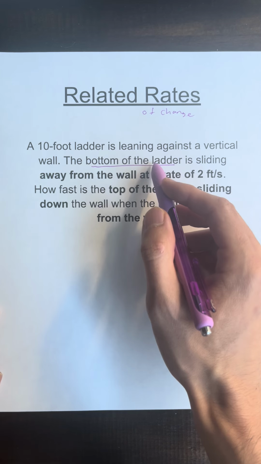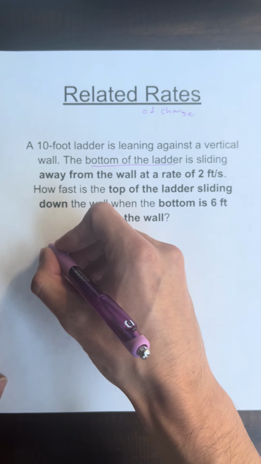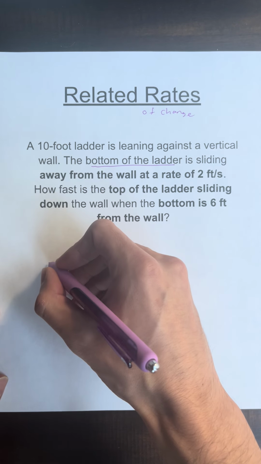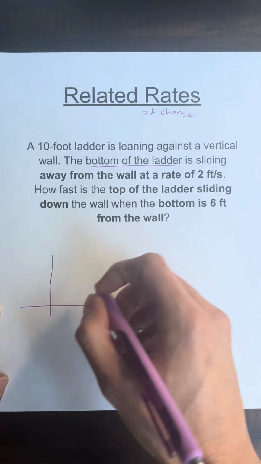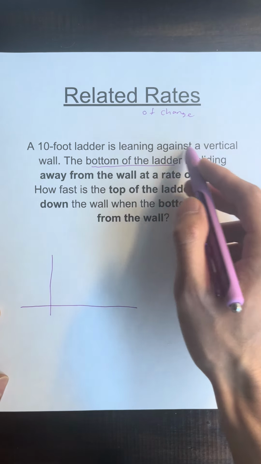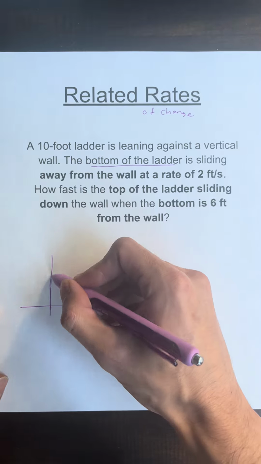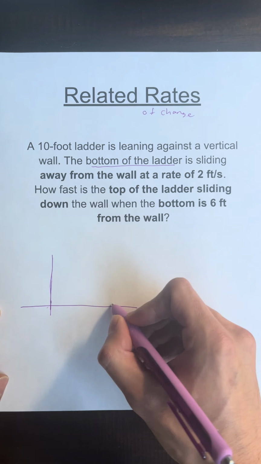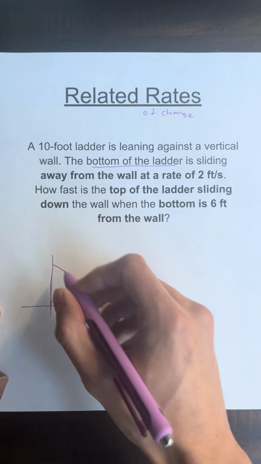So the bottom of the ladder, the location for the bottom of the ladder, let's go and draw that out actually. So it says a 10-foot ladder is leaning against a vertical wall. So this is going to be the wall, this is going to be the ground, and this is going to be the ladder.